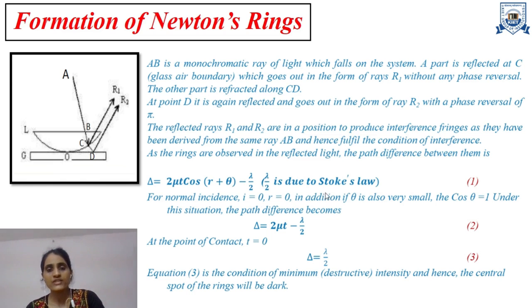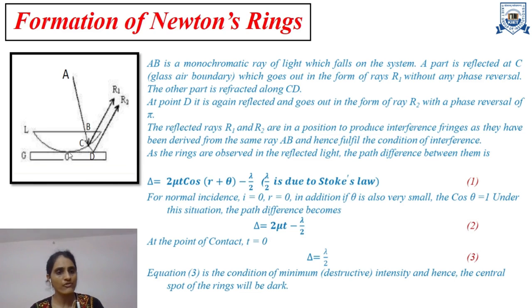In addition to this normal incidence, here the angle theta, this side angle theta and this side angle theta, theta is very small. If theta is very small, then cos theta will be equal to 1. Under this situation, equation 1 reduces to the form of path difference is 2 mu t minus lambda by 2, that is equation 2.